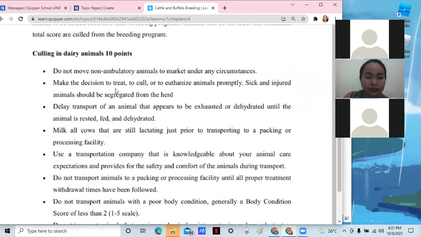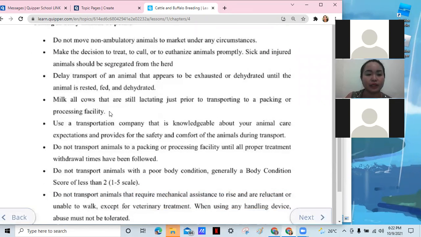Yeah, and make the decision to treat, to cull, or euthanize animals promptly. Of course, you know what's euthanize, diba? Mercy killing. And sick and injured animals should be segregated from the herd. Delay transport of an animal that appears to be exhausted or dehydrated until it is rested, fed, and hydrated.